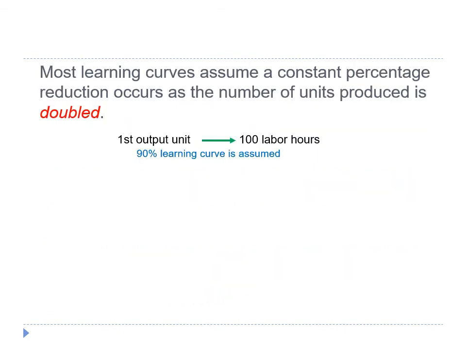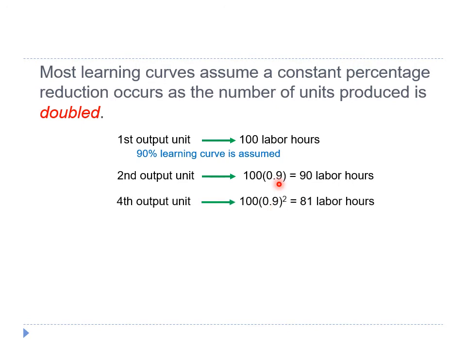Most learning curves assume a constant percentage reduction occurs as the number of units produced is doubled. For example, if 100 labor hours are required to produce the first output unit and a 90% learning curve is assumed, then 90 labor hours will be required to produce the second output unit, and this is obtained by multiplying 100 labor hours by 0.9, which corresponds to the 90% learning curve.